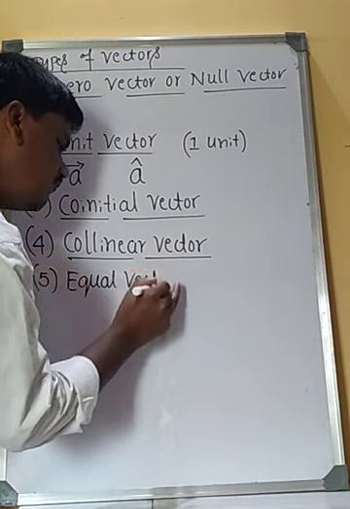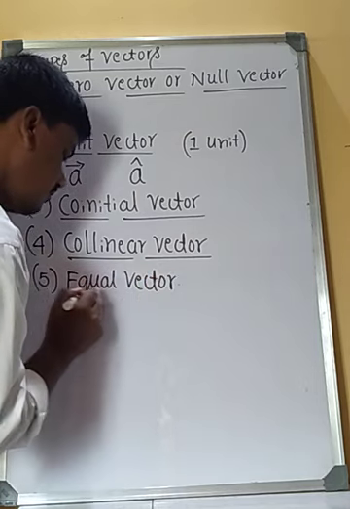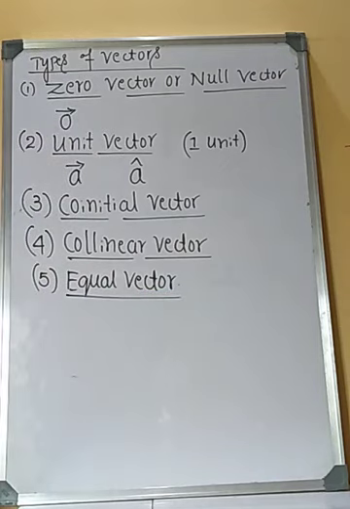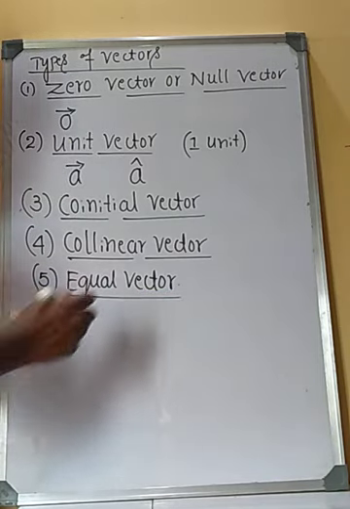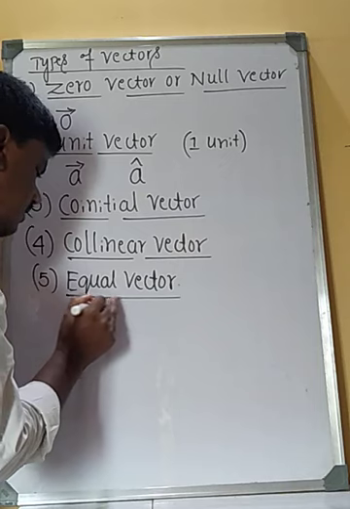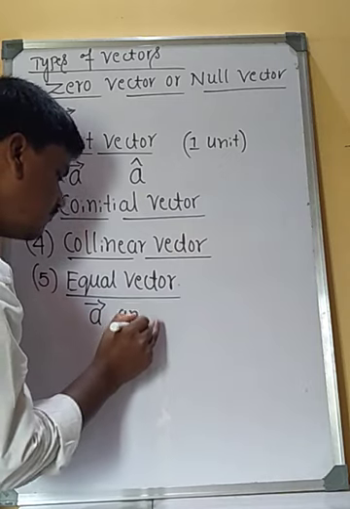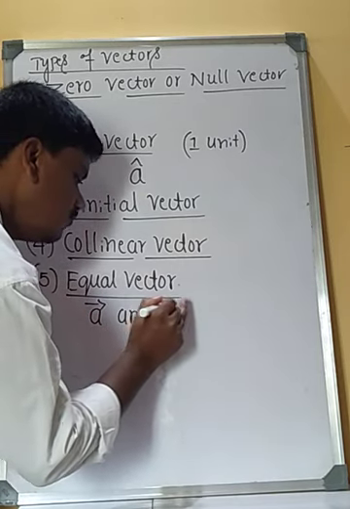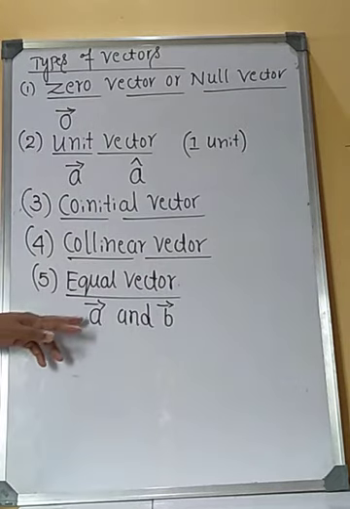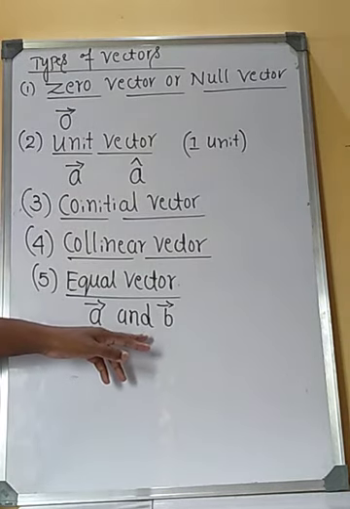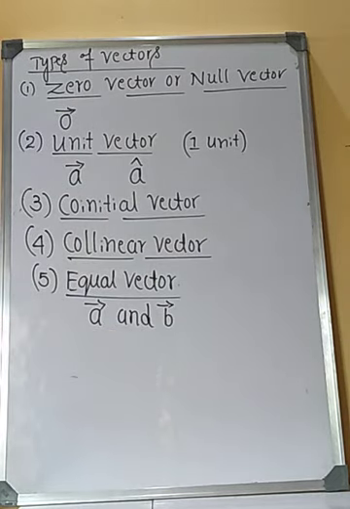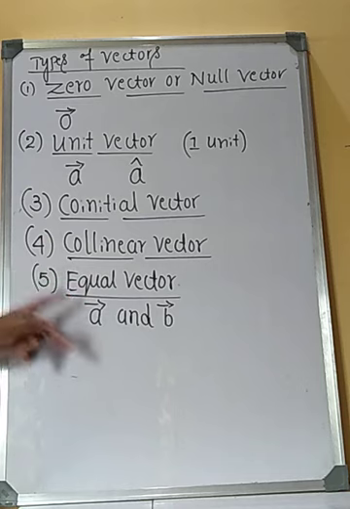Equal vectors. Two vectors, vector A and vector B, are said to be equal if they have the same magnitude and the same direction.